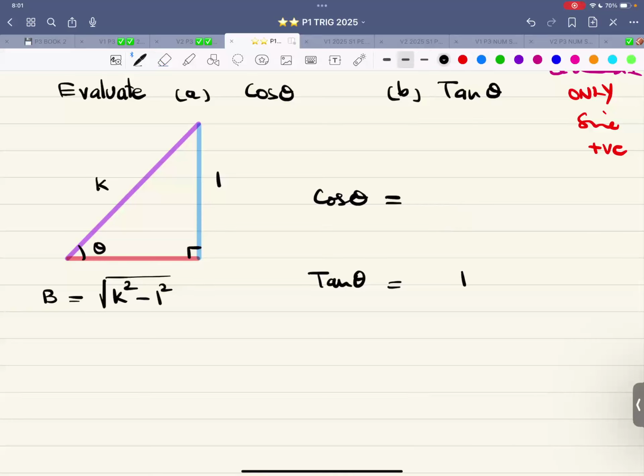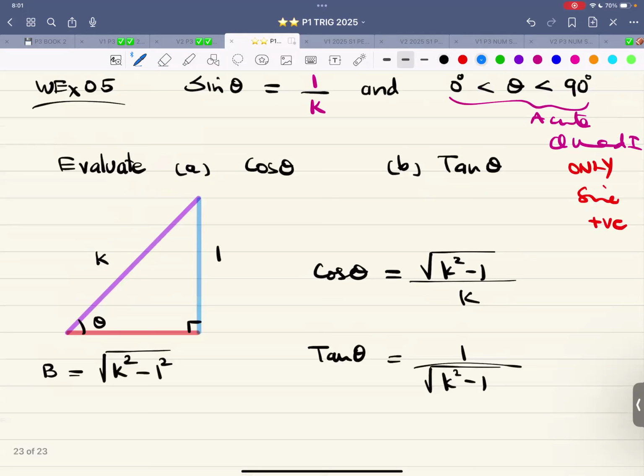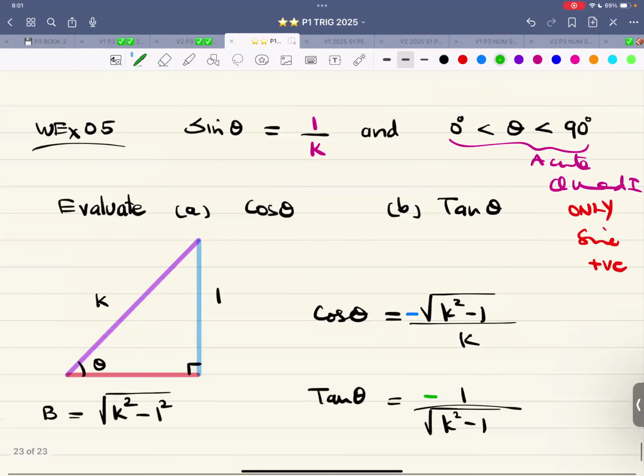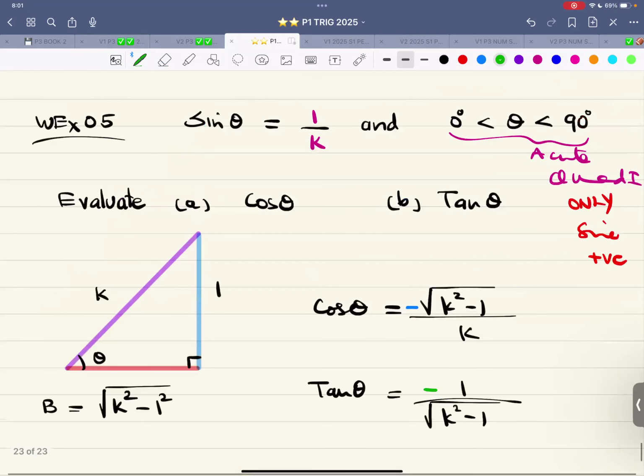For tangent, that is 1 over square root of k square minus 1. Cosine is square root of k square minus 1 divided by k. Since only sine is positive, therefore cosine is negative, therefore tangent is negative. So it's just symbolically that we have used this. Nothing special. It's again an application of Pythagoras theorem.